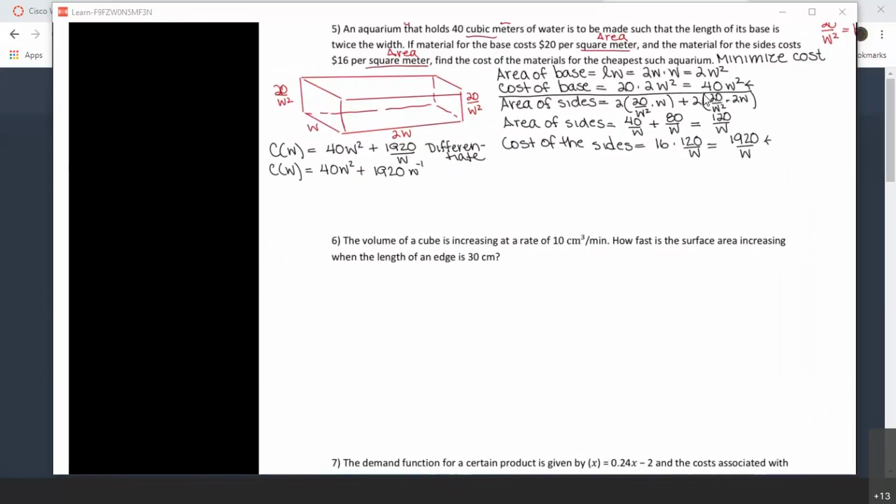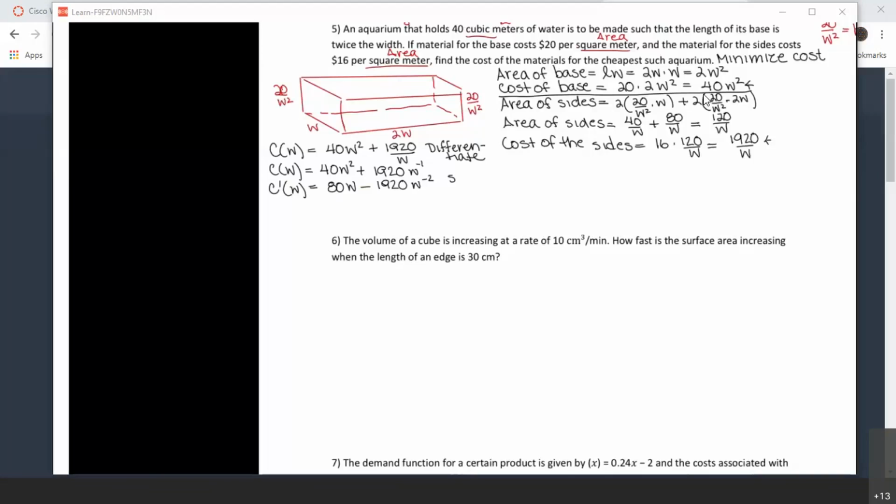Again, I'm doing that to make calculus easy. Now, finally, I'm doing calculus. This is going to give me 80W, and this is going to give me negative 1920 W to the minus 2. Okay, everybody good with that?